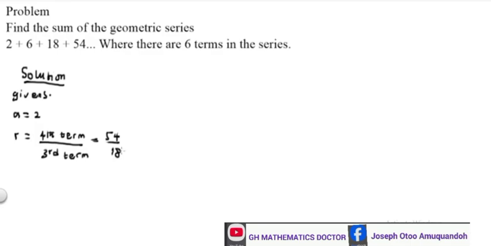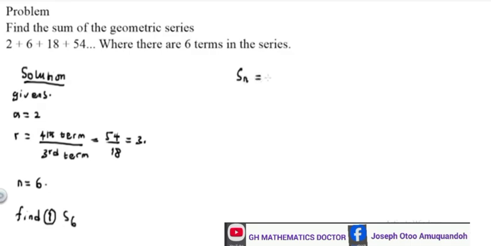When you use a calculator, it's going to give you the ratio of 3. So we are going to get 3 as the result. All right, so our number of terms is 6. So we need to find the sum of this. So sum of 6 is what we are looking for.